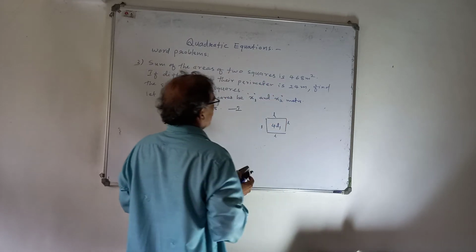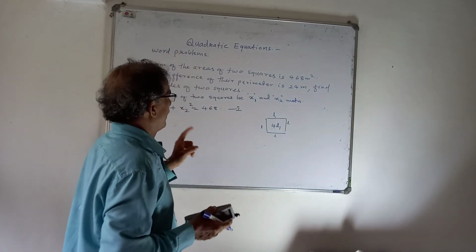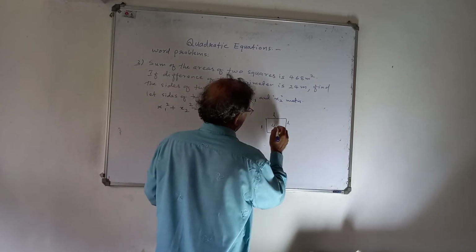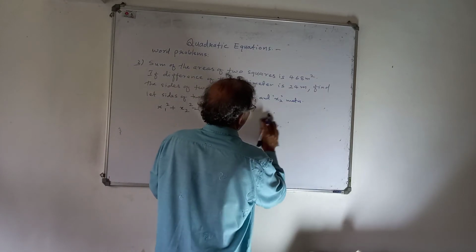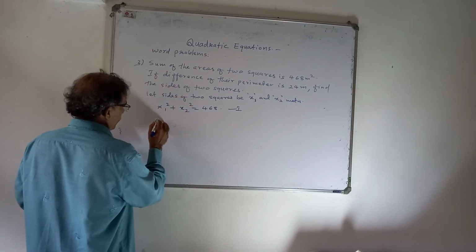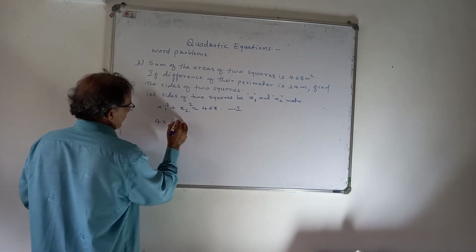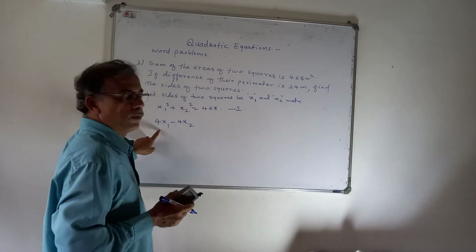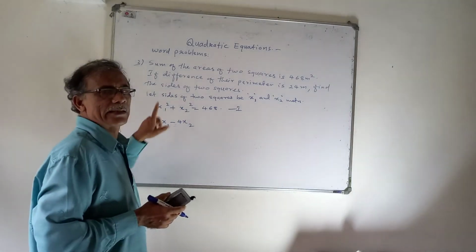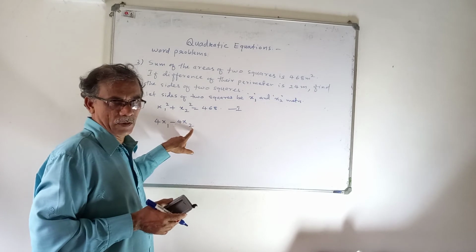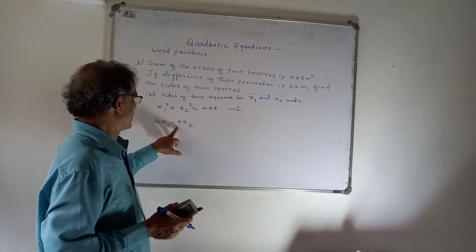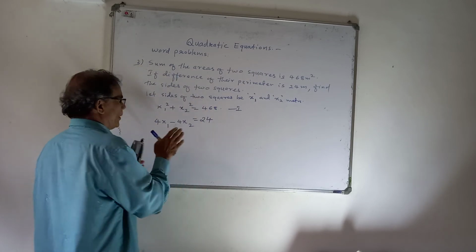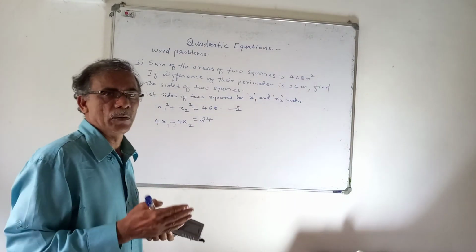So if side of the first square is x1, its perimeter will be 4x1, and second square side is x2, so 4x2. So difference between perimeter means 4x1 minus 4x2, that difference is equal to 24. Of course, x1 is greater than x2.